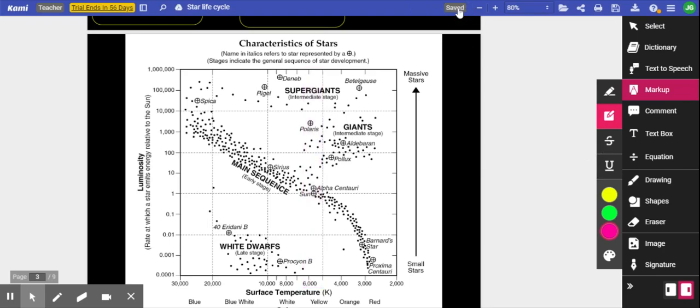Say the key information is a luminosity of 50,000. So it has 50,000 times the luminosity of our sun, somewhere along a line between 10,000 and 100,000, and that includes Spica.